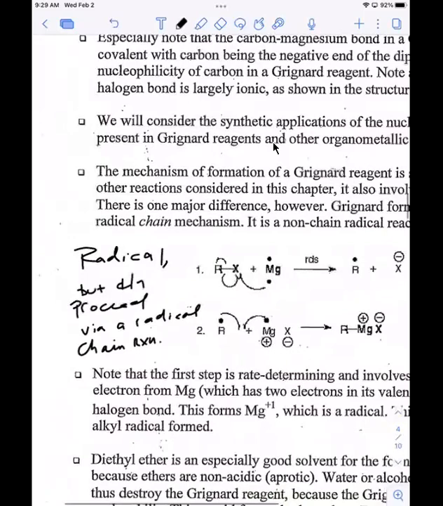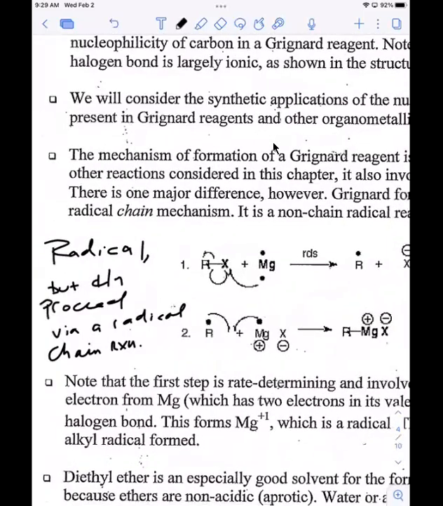It is a radical mechanism in that it involves one-electron homolytic bond cleavage and bond making, but it doesn't go through a chain reaction. So it's not initiation, propagation, and termination, but it is a radical mechanism.